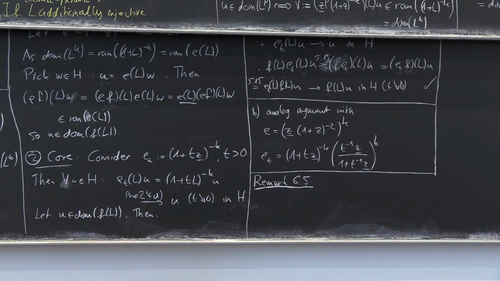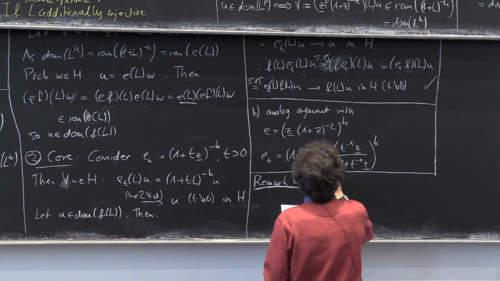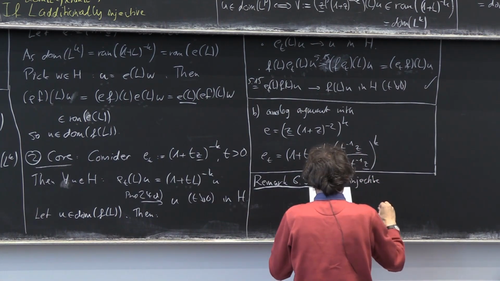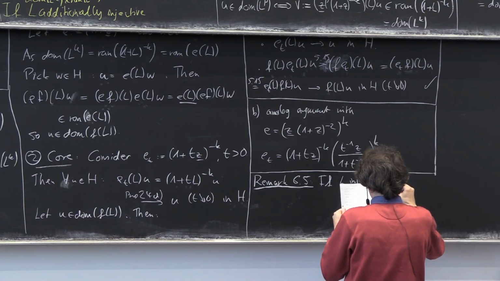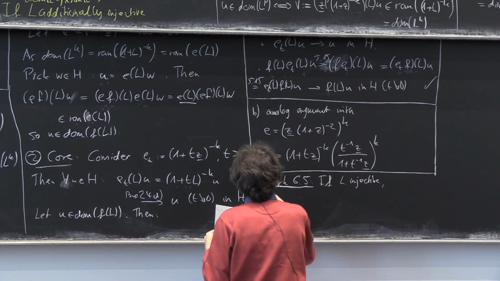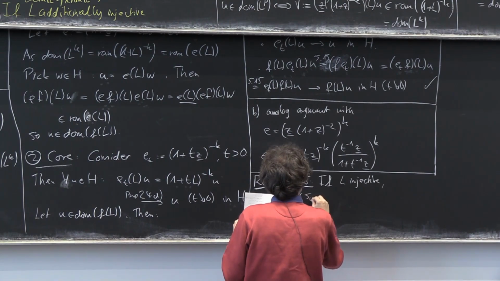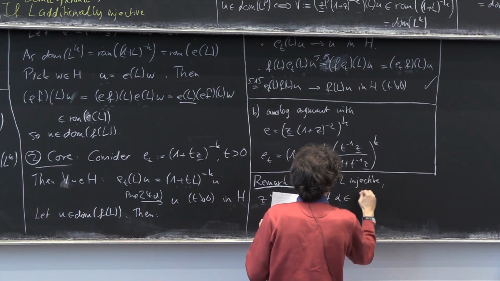But if you put in addition that L is injective, then it turns out that the function z to the alpha is regularizable for all complex exponents.